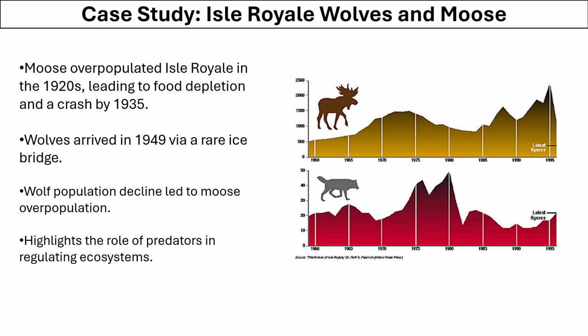And we can see that between 1985 and 1995, when the population of wolves declined, we could see a simultaneous increase in the population of moose. These dynamics keep happening, indicating again a predator and prey interaction.